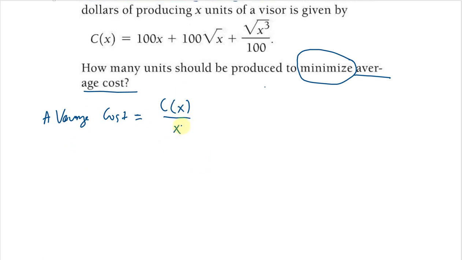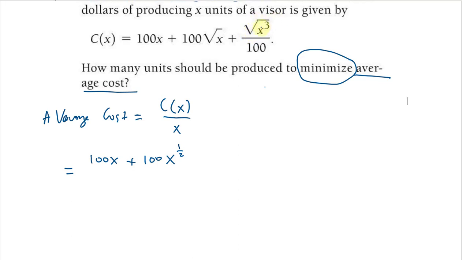The first thing is we need to figure out what is the average cost function, and that can be found by taking C of x divided by x. We are given C of x, so to find the average cost, all you do now is you take this whole expression and divide by x. So 100x plus 100. The square root of x means x to the power of 1/2, so that I can simplify later on.